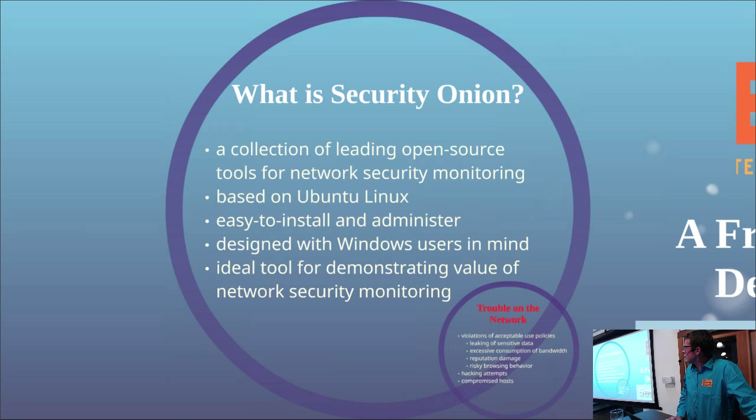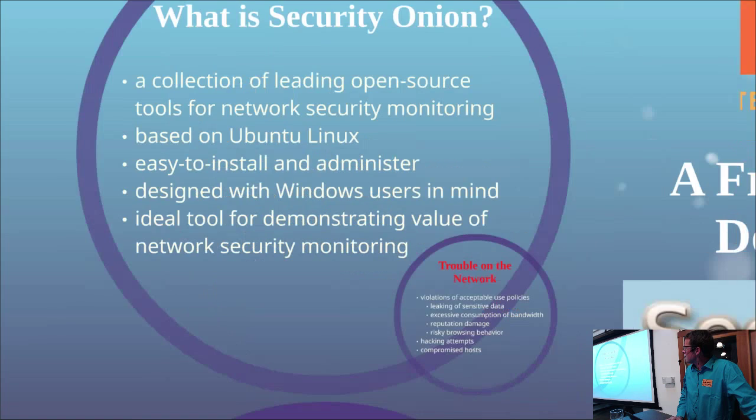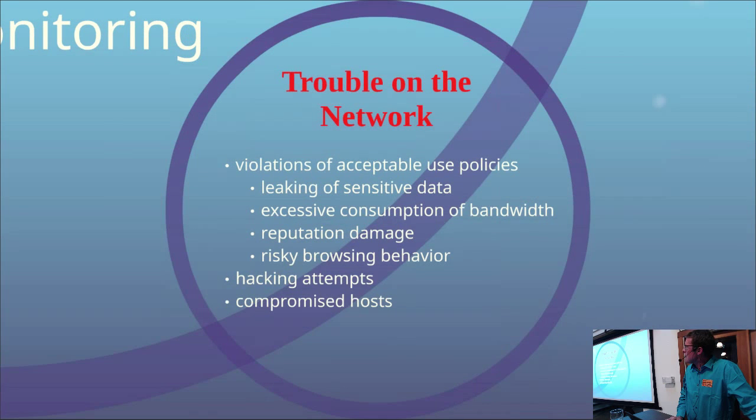So let's take a look at maybe some of the types of problems you might see when you deploy something to do network security monitoring. A lot of the strength in the package comes from the type of alerts that are triggered by it. The alerts are going to trigger on things that might be broadly classified as acceptable use policy violations, evidence of mischief happening on the network, maybe there's malware running, maybe there are Trojans happening.